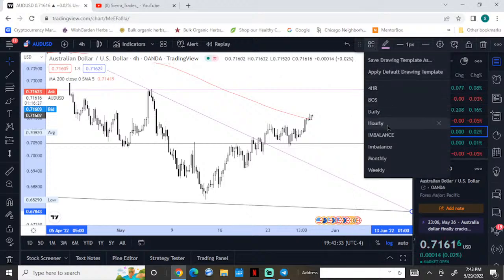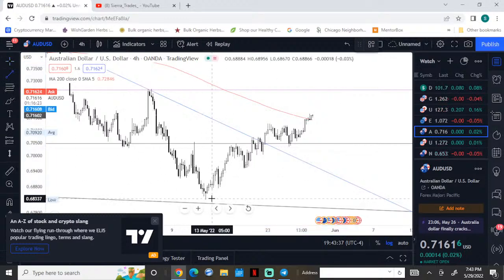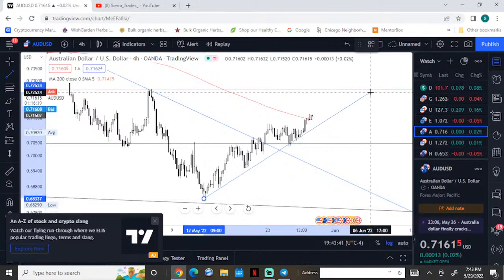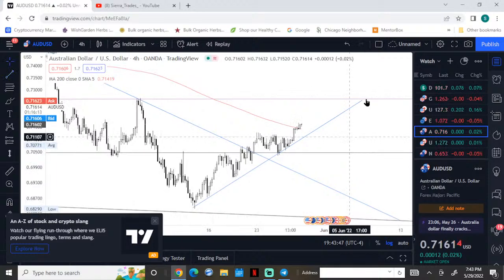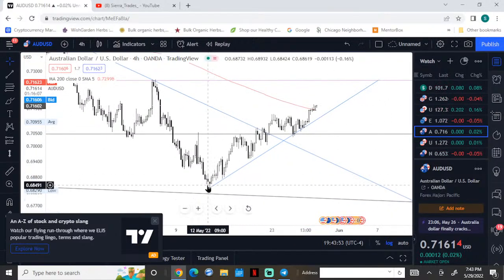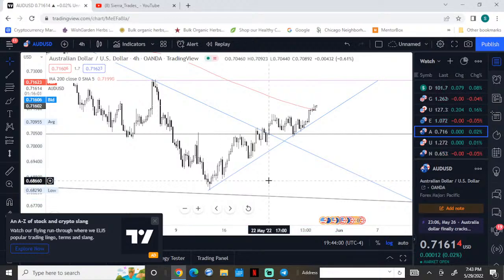What do we have? 4 hours. There we go. All right, and this current trend line right here. There we go.